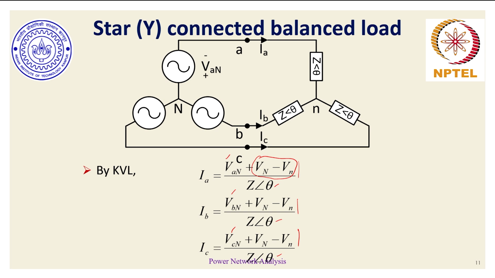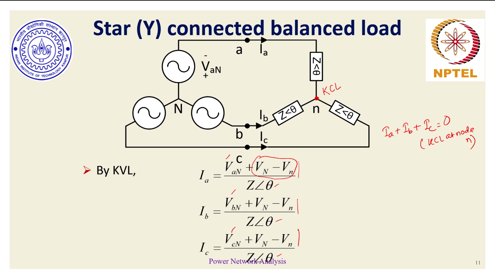Now let's focus on the neutral point of this star connected balanced load. If I apply KCL at the neutral point of the star connected balanced load, then IA plus IB plus IC should be 0. This is by KCL at node small n, because at node n there is no other branch through which the sum of these currents can escape.